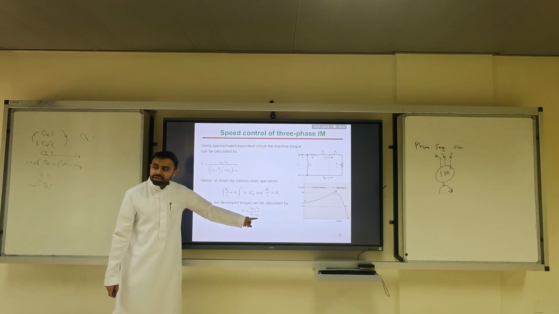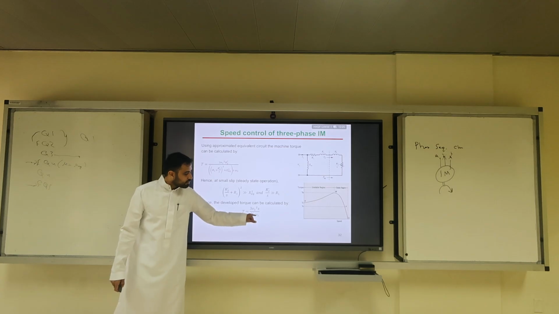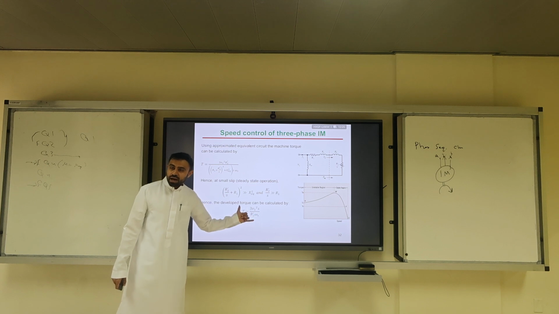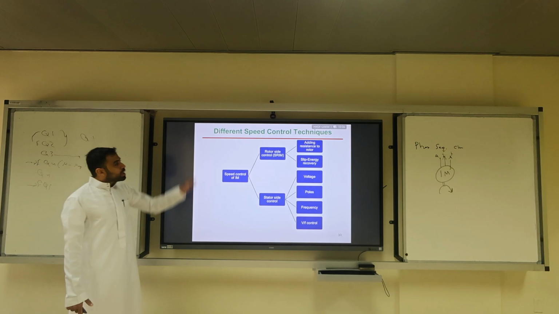Omega S is from the supply frequency. Probably we will talk about it later. But if you decrease the frequency, what will happen? 50 hertz will have a higher torque than 60 hertz, because omega S is smaller for 50 hertz.